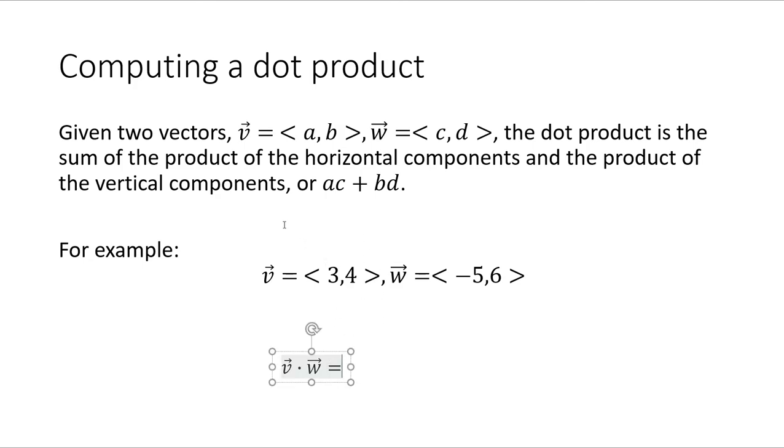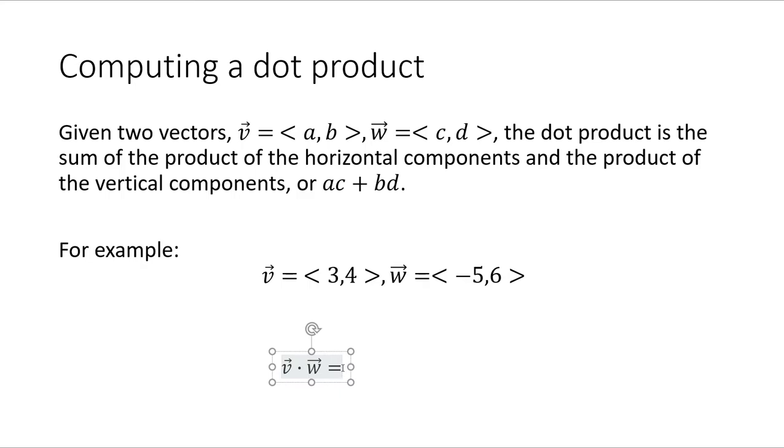Now remember, I could also say that vector v is equal to 3 i hat plus 4 j hat, and vector w is equal to negative 5 i hat plus 6 j hat. You could totally write it that way too. In that way you would just multiply the i hats and multiply the j hats and then add them together.